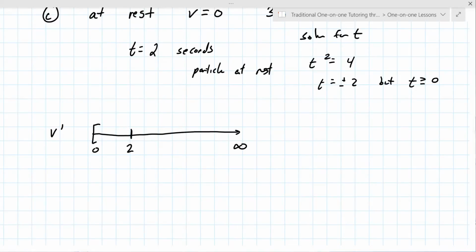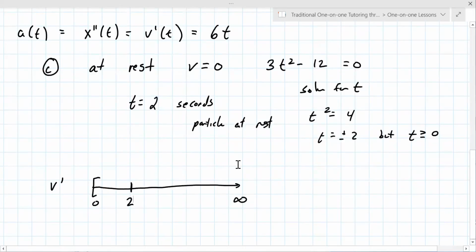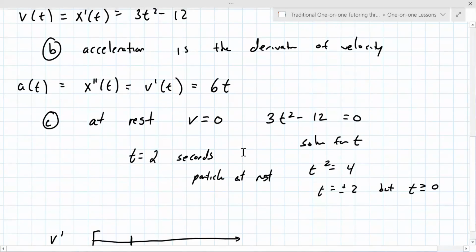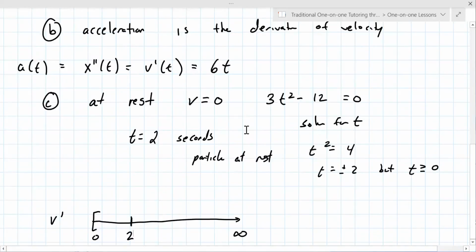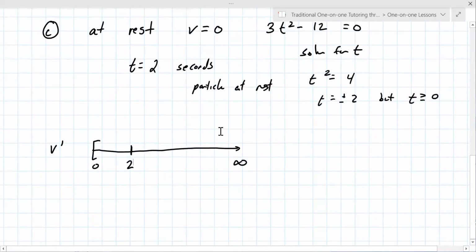Have you talked about when the particle's velocity is positive or negative? Well, we looked at those particle motion graphs. I don't know if that's what they're called. All right. Well, let's not do this right now then.